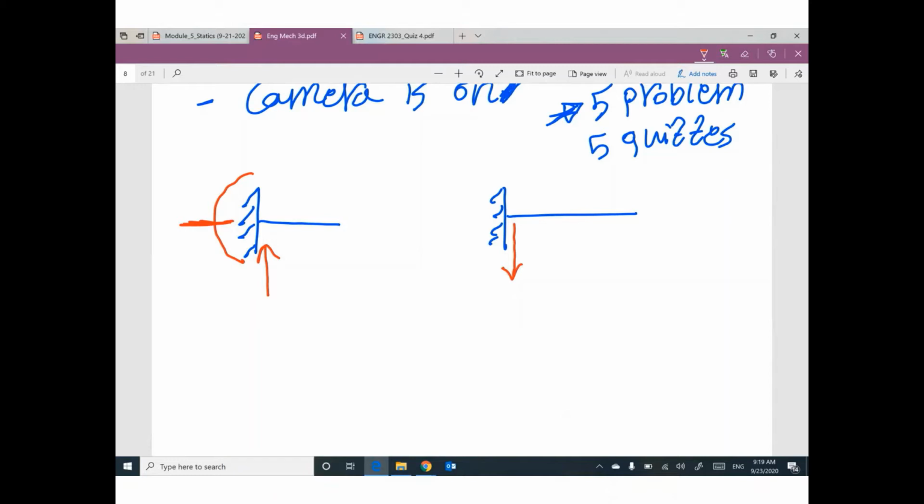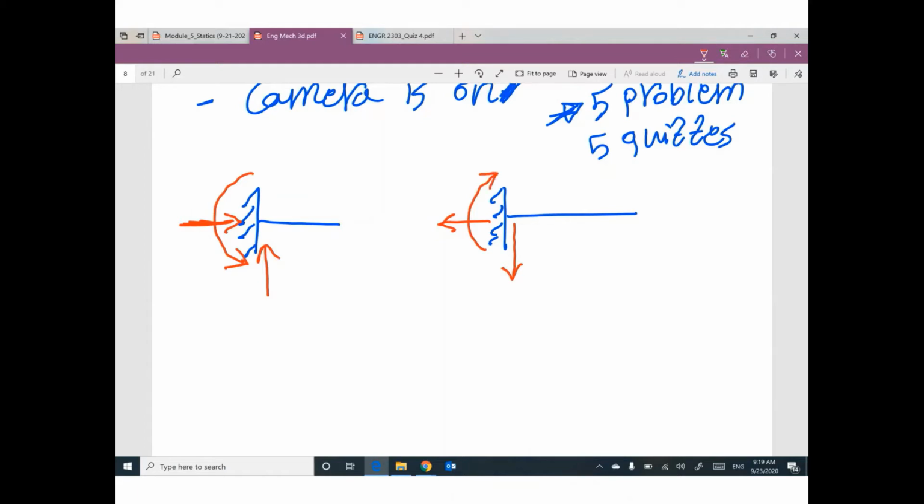If you assume the horizontal reaction like this, that's right. If you assume the horizontal reaction in this direction, that's right. It's up to you. If you assume this moment rotates counterclockwise, that's right. If you assume this moment rotates clockwise, that's right.